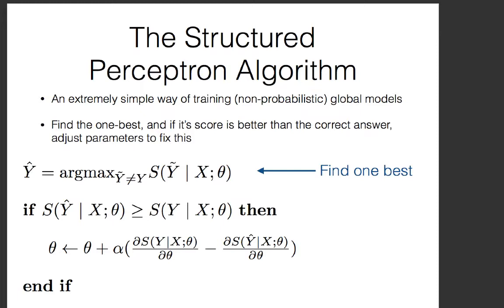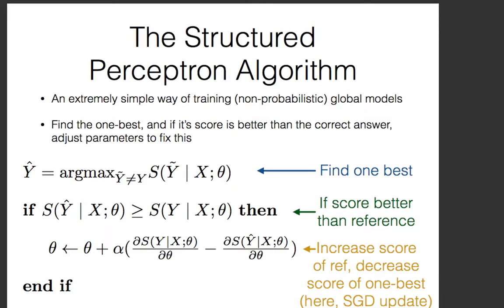Then if the score of the highest scoring hypothesis is better than the score of the true hypothesis, where y without the hat is the true hypothesis, then we do an update, where we update in the direction of the true hypothesis and away from our incorrect hypothesis.